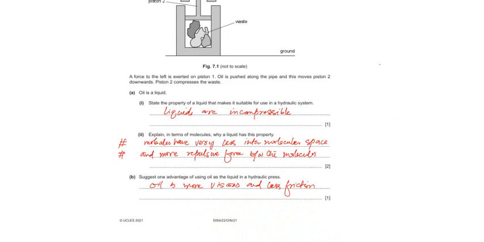Question A. Oil is a liquid. State the property of a liquid that makes it suitable for use in a hydraulic system. The main advantage of a liquid in a hydraulic system is that it is incompressible. There are repulsive forces between the molecules, and the intermolecular space is very small, not like in a solid, and very high in a gas.